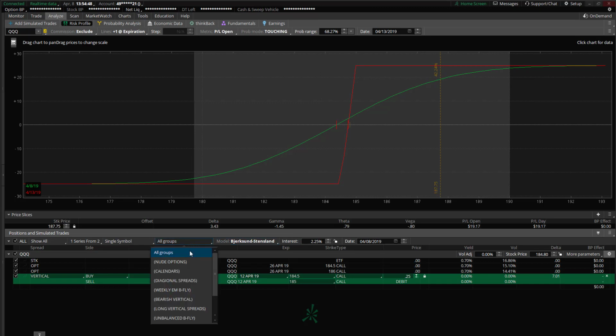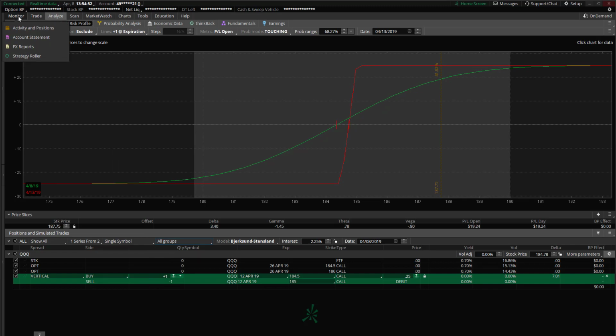When it comes to groups, these are based off of the monitor tab for activity and positions. In that area, I've broken my trades that are in my portfolio into groups. I have naked trades, I have ratioed trades, I have butterfly trades, debit spreads, credit spreads, and so I like them broken out into their own groups.